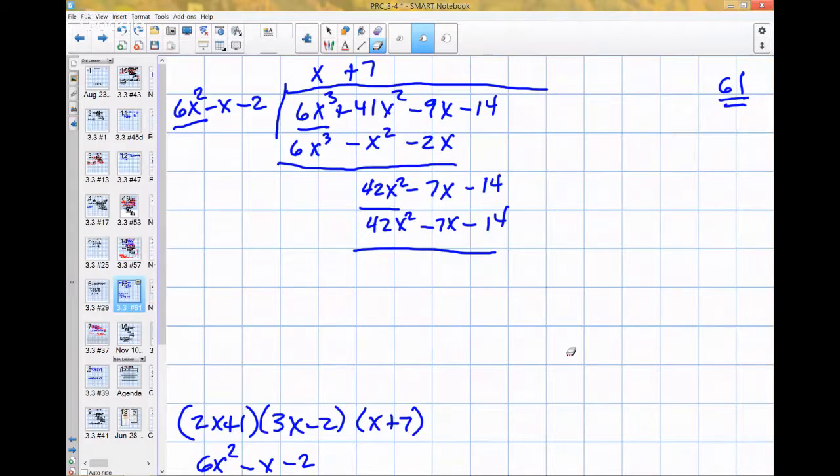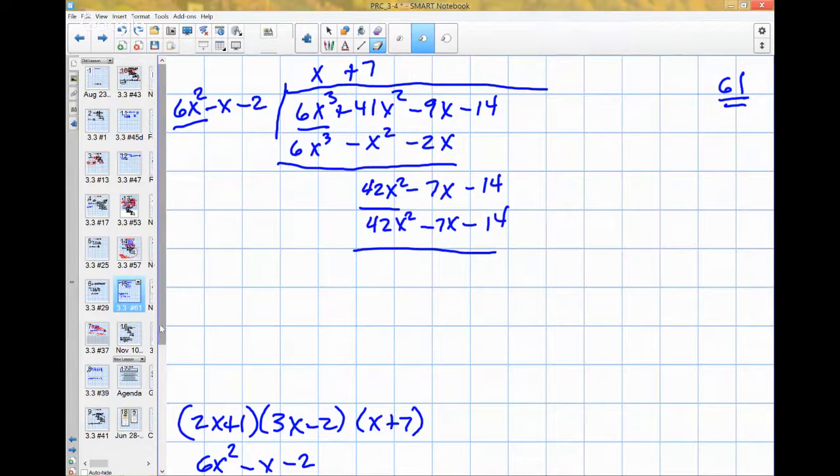We have 6x cubed plus 41x squared minus 9x minus 14, and they gave us two factors: 2x plus 1 and 3x minus 2.